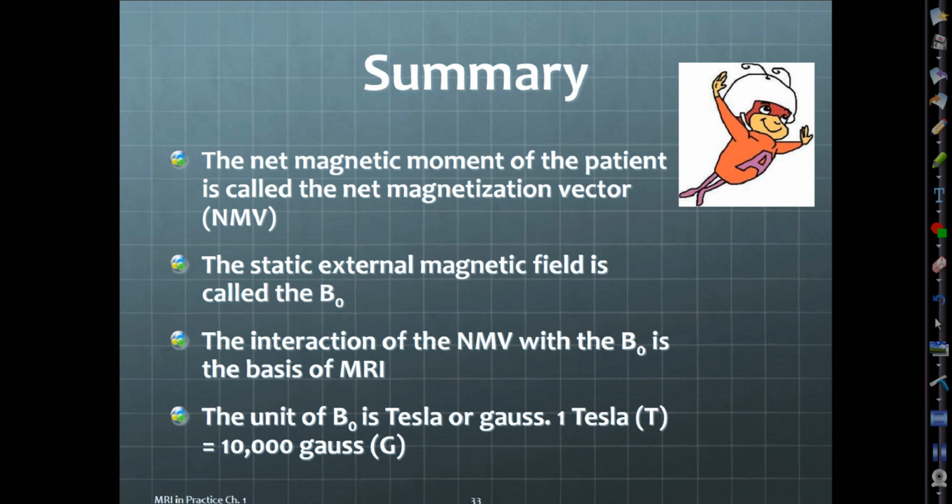It's really where we get our signal coming from our patient. And as just a reminder, 1 Tesla equals 10,000 Gauss. You have to be able to do that conversion for my test and the registry. So very, very strong magnets that we're working with. Any questions?